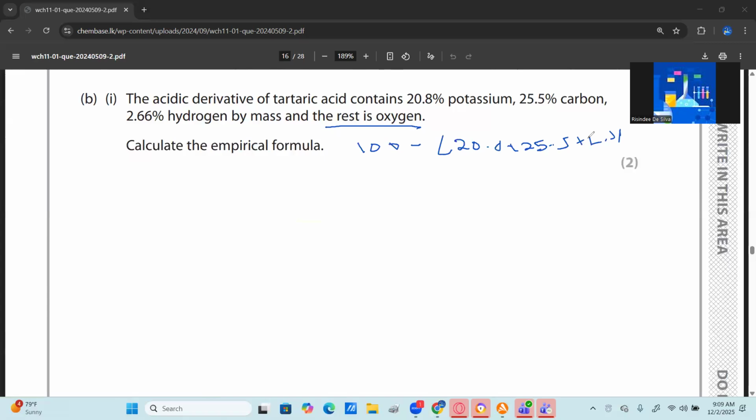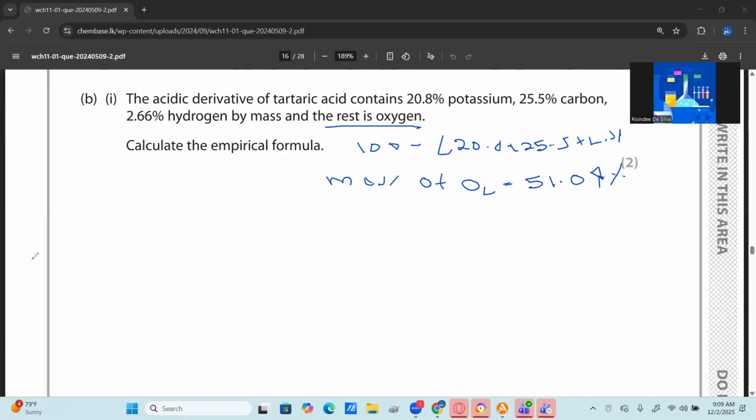So when you subtract these, you get the mass of oxygen as 51.04%.